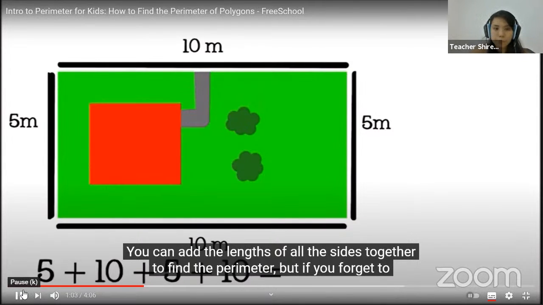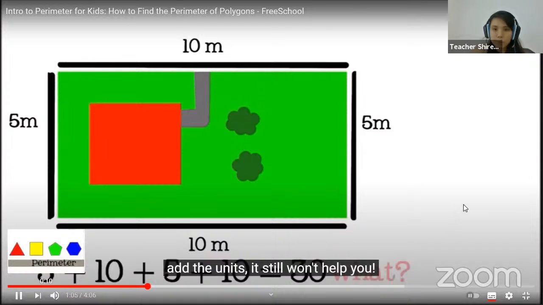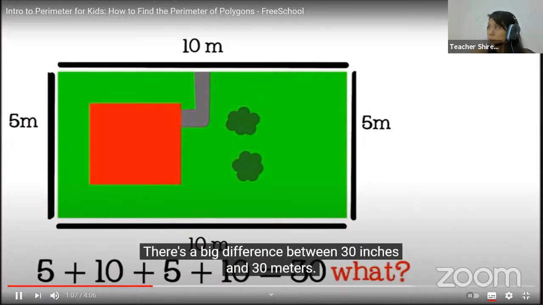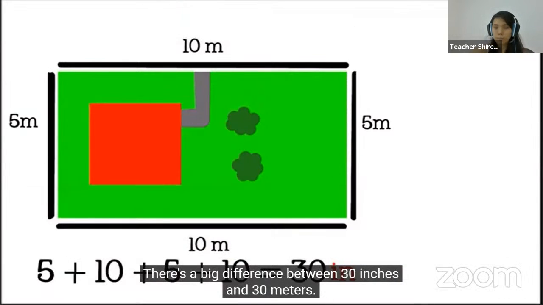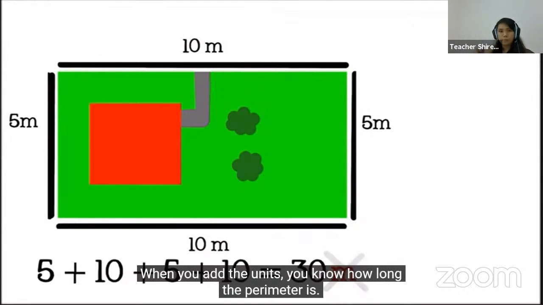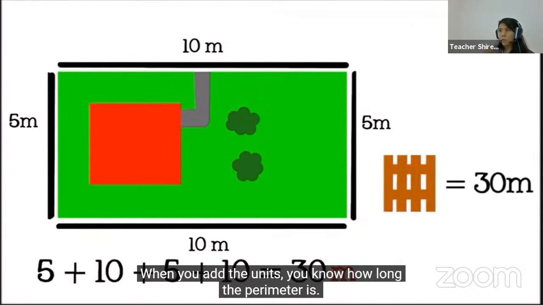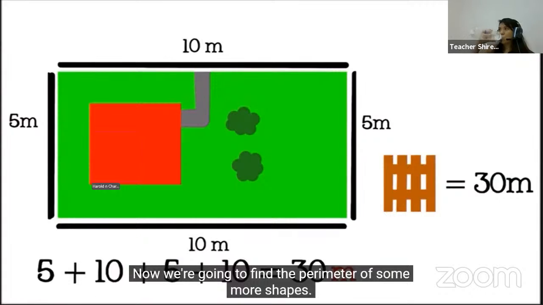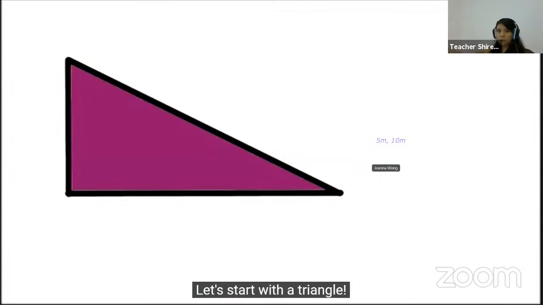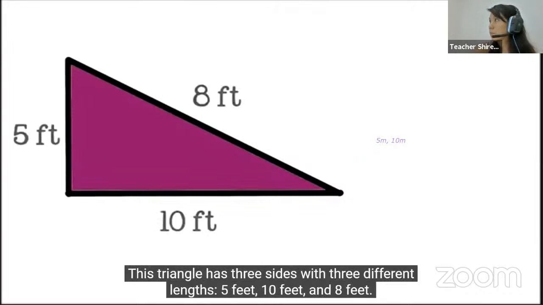If you forget to add the units, it still won't help you. There's a big difference between 30 inches and 30 meters. When you add the units, you know how long the perimeter is. Now we're going to find the perimeter of some more shapes. Let's start with a triangle. This triangle has 3 sides with 3 different lengths: 5 feet, 10 feet, and 8 feet.